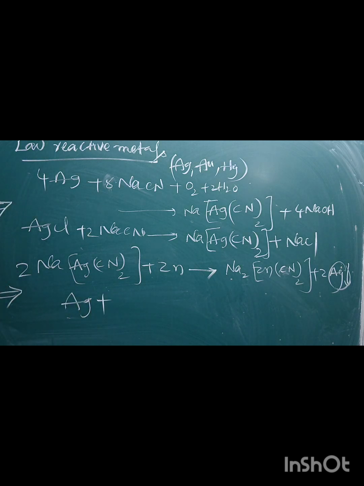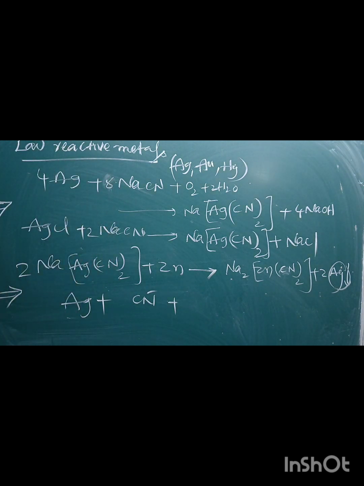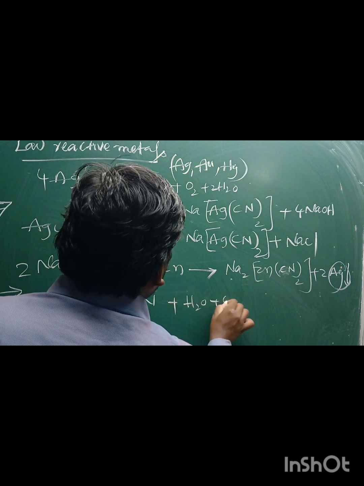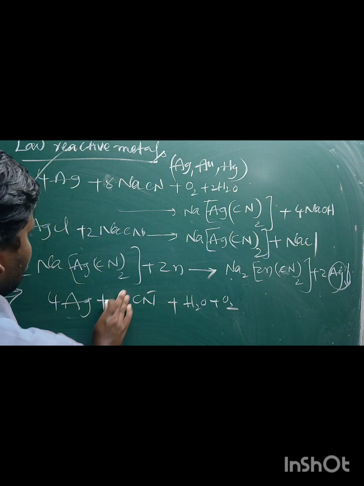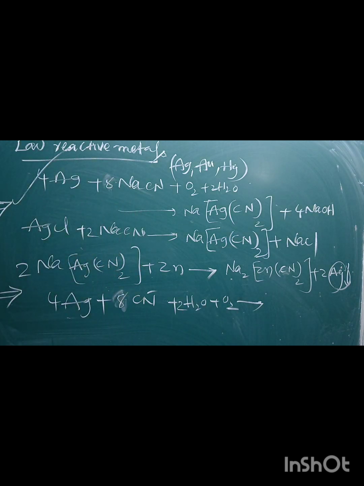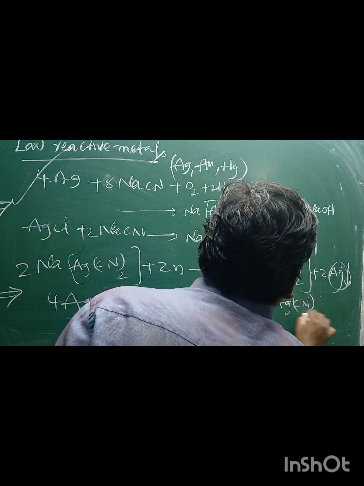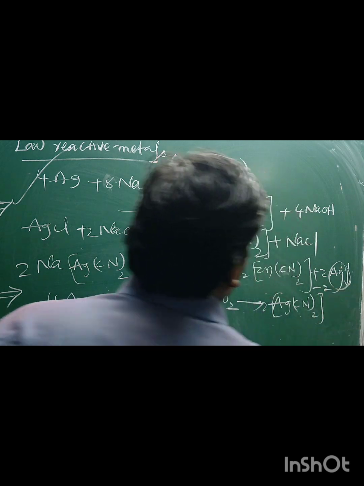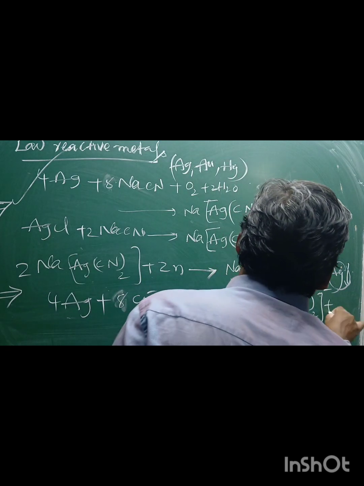Silver reacts with cyanides and also H2O and oxygen to form 4Ag, same reaction, 4Ag plus 8CN minus plus 2H2O gives rise to 2 Ag(CN)2 minus plus 4OH minus ions.